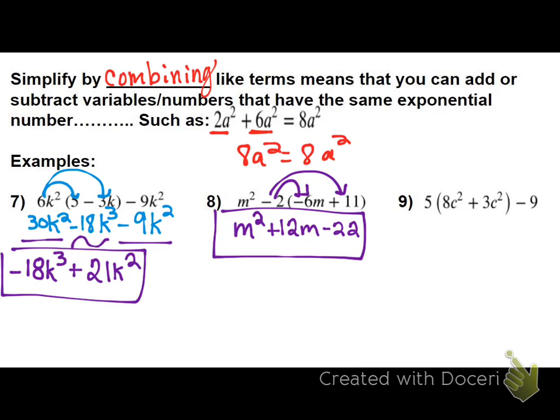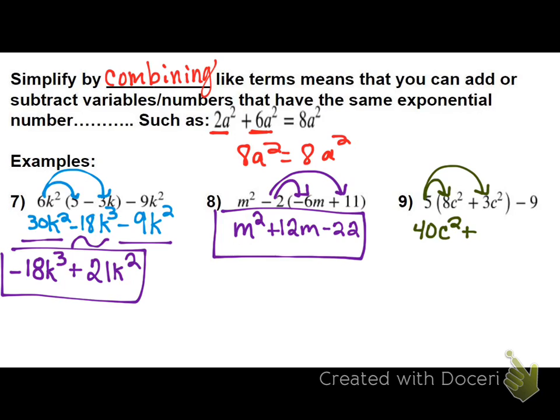All right, here we go. Can I distribute? What number am I distributing here? 5. Okay. Riley, what's 5 times 8c squared equal? 40c squared.